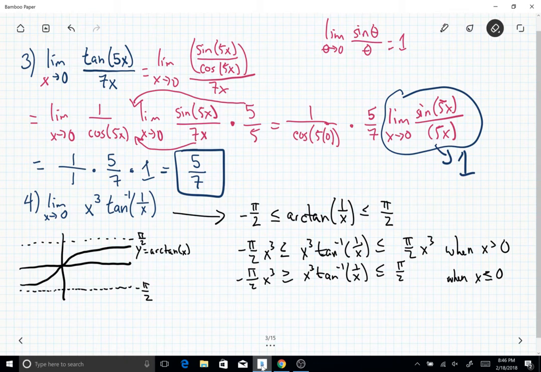Now you might be asking, why does it do that? Well, notice x cubed would be a negative in those cases.